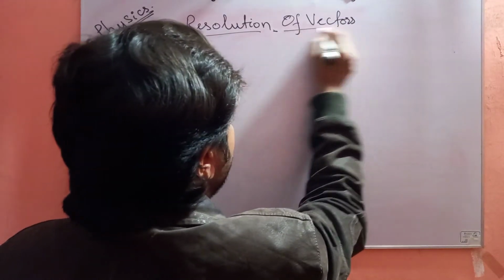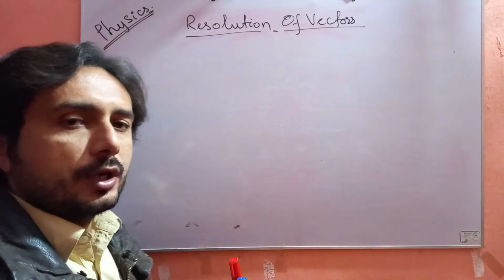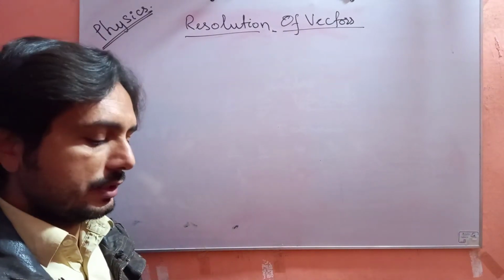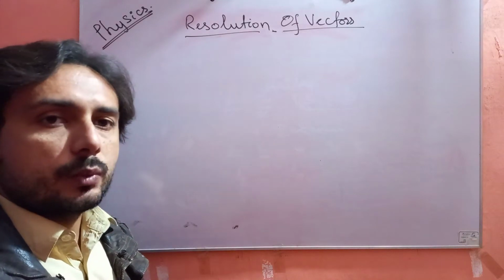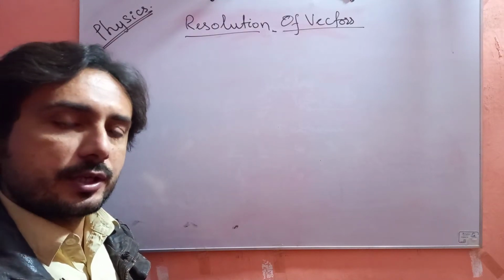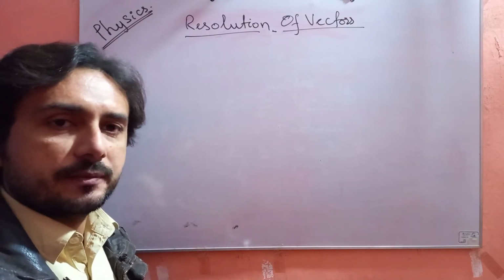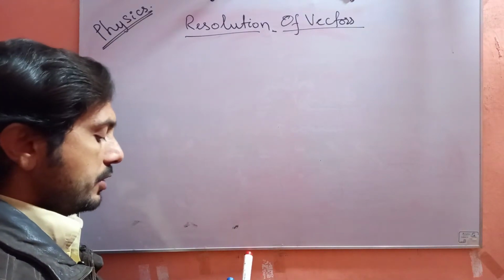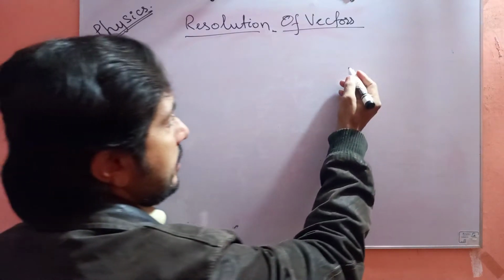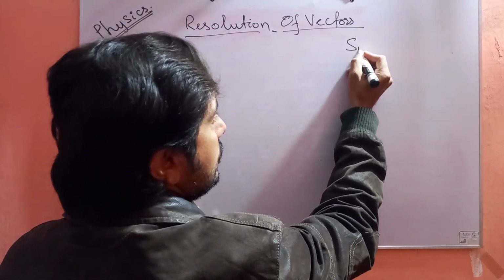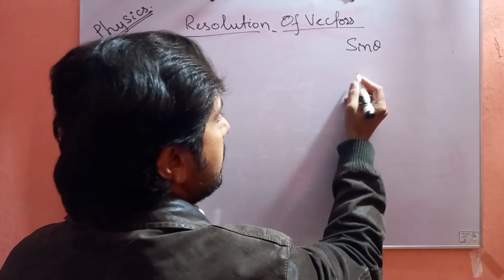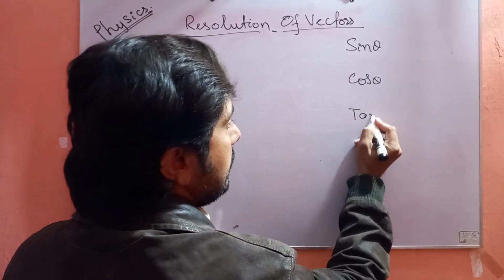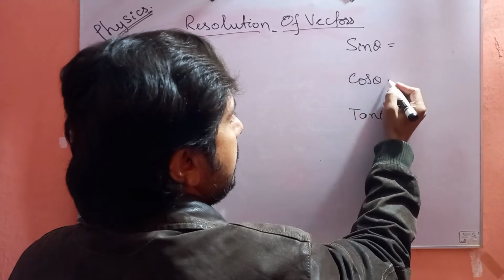Okay. So before going towards the resolution of vectors, as I told you, we should be very well aware of the trigonometric ratios before learning this topic. About the trigonometric ratios, we should understand the three basic ratios, which are sine theta, cosine theta, and tangent theta.